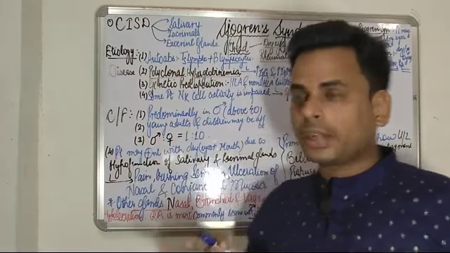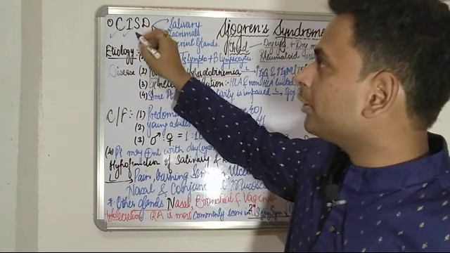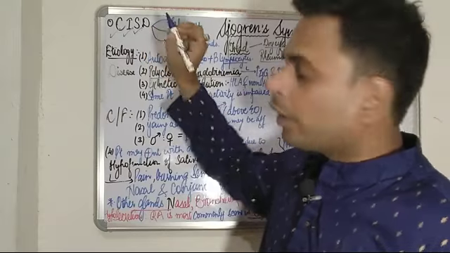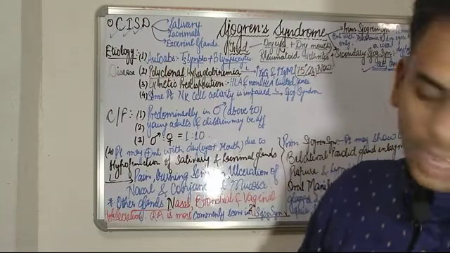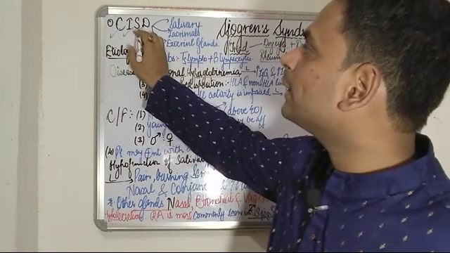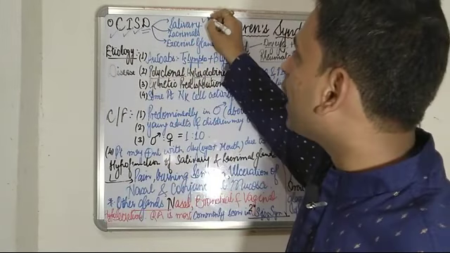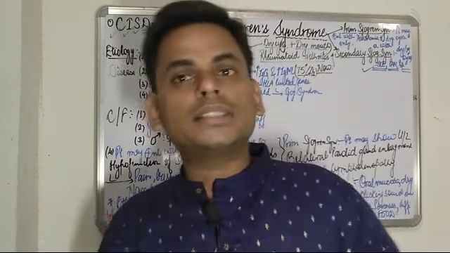So students, this is what I have made. It is a chronic immunologic systemic disease, which mostly affects the salivary, lacrimal, and exocrine glands.